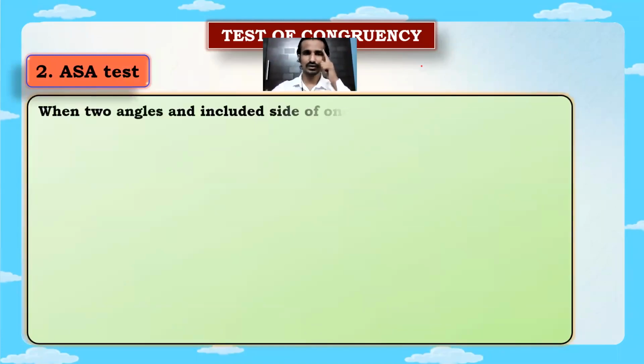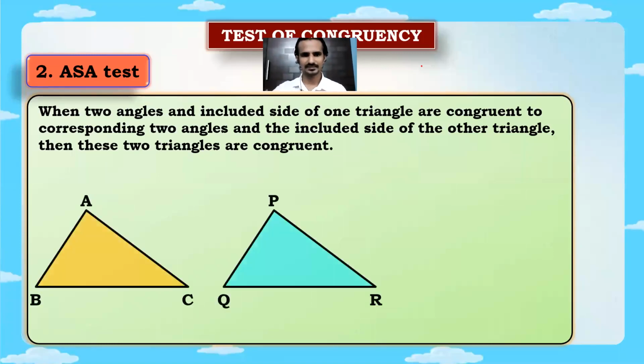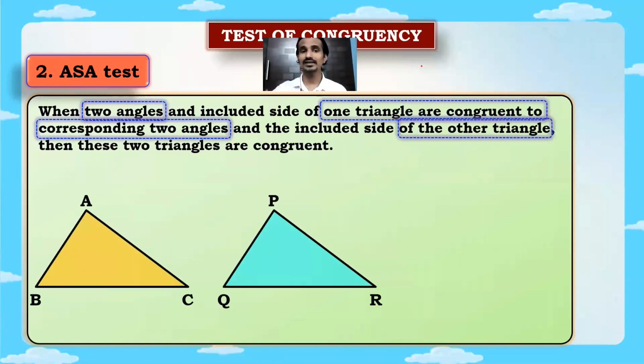All right. So the name ASA indicates angle, side, and angle. All right. So when two angles and the included side of one triangle are congruent to the corresponding two angles and the included side of the other triangle, then these two triangles are congruent. So if we have two triangles, okay, and we have two angles. When I say two angles, it has to be two pairs of angles. So the first pair, B and Q, they are equal.